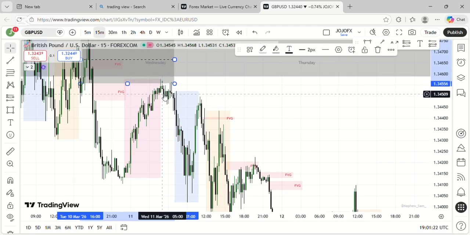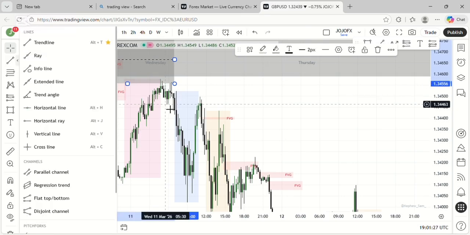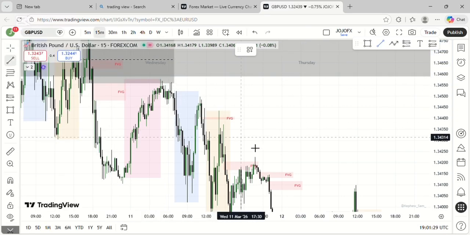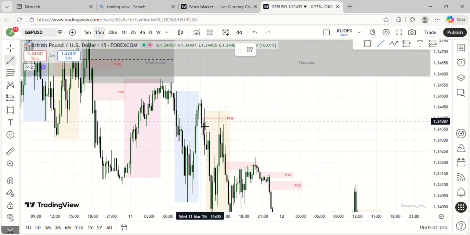So on the 15-minute, I saw the CISD here. This is the source candle that dug in, so I marked out my CISD and waited for price.